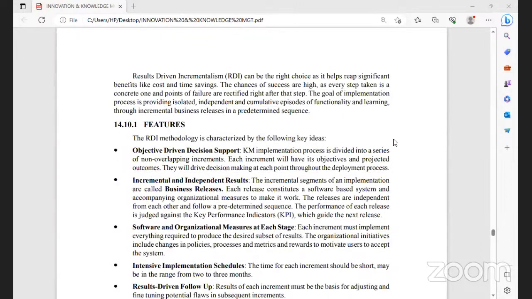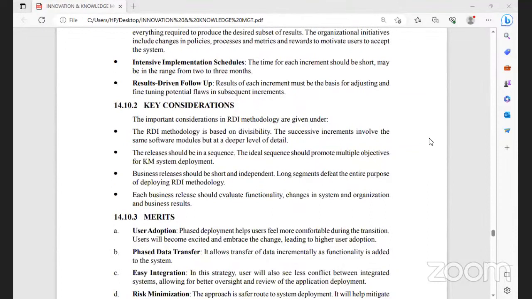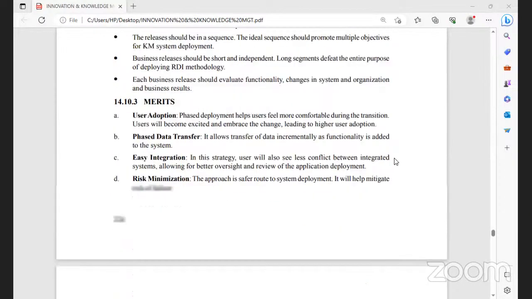Next one is features: objective-driven decision support, incremental and dependent results, software and organization measures, intensive implementation schedules, and results-driven follow-up for that particular environment. And the key considerations taken into this aspect are the RDA methodology, which consists of a sequence which is independent, and evaluating the functionality.